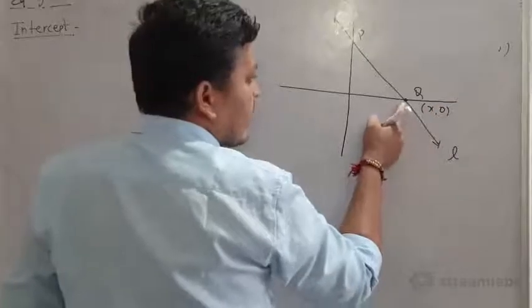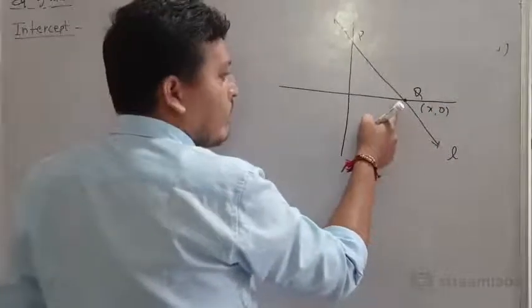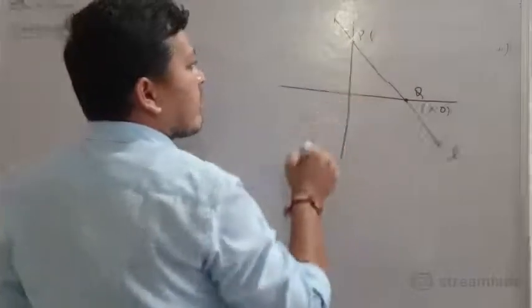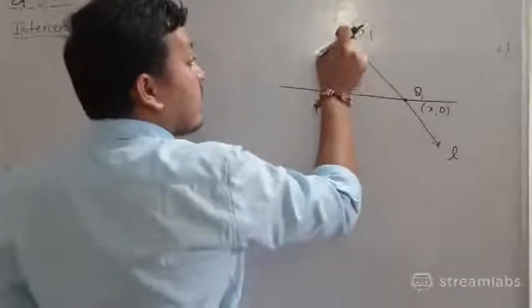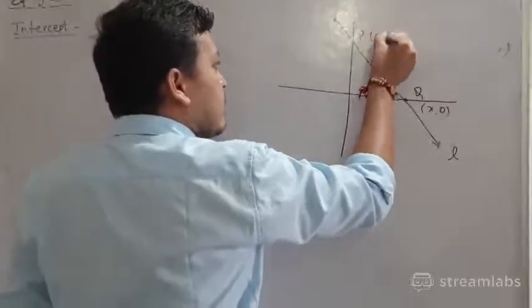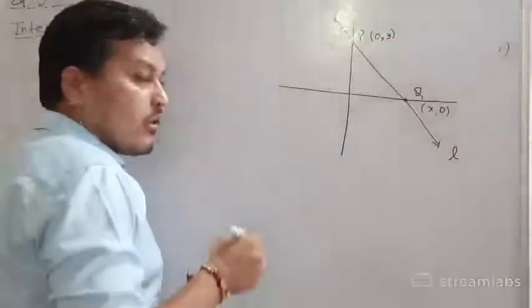As you know, a point on the x-axis has y equal to 0. Similarly, this point lies on the y-axis, so x will be 0 and there will be some value of y.